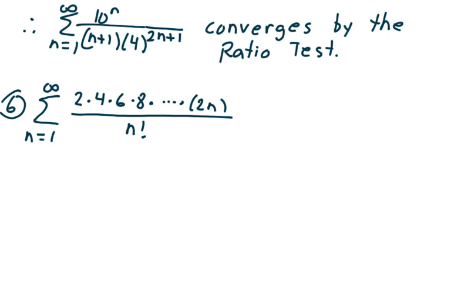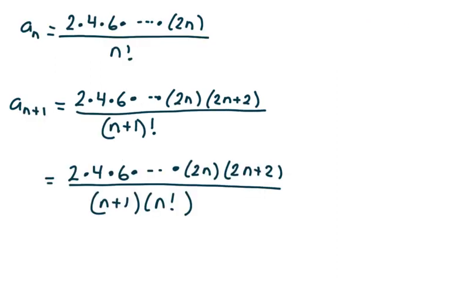Okay, let's look at this last example. Suppose we had the summation from n equal 1 to infinity of 2 times 4 times 6 times 8 all the way up to 2n divided by n factorial. This is a really, really good question. Okay? My a sub n is 2 times 4 times 6 all the way up to 2n divided by n factorial.